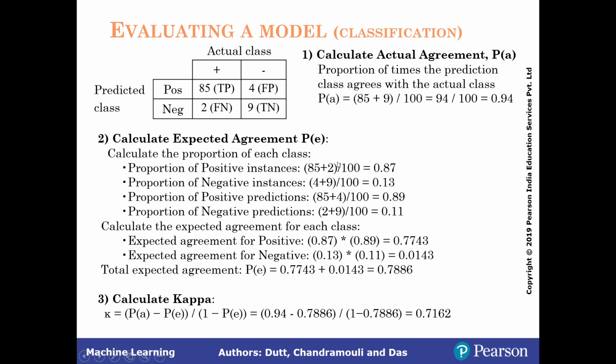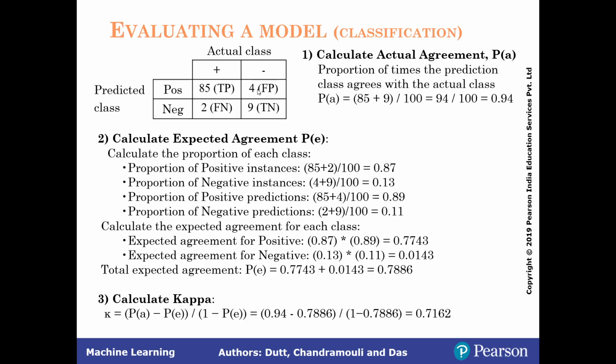For instances, you consider this line, so 85 plus 2, 87 by 100, and for predictions 85 plus 4 by 100.